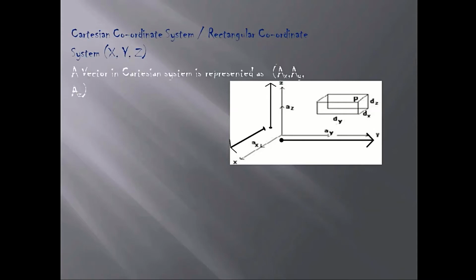In this picture you can see those things: x, y, z for the rectangular coordinate system or Cartesian coordinate system. For those, ax, ay, az are the unit vectors. So we can represent the vector form in the Cartesian coordinate system as A equals capital Ax small ax plus capital Ay small ay plus capital Az small az.